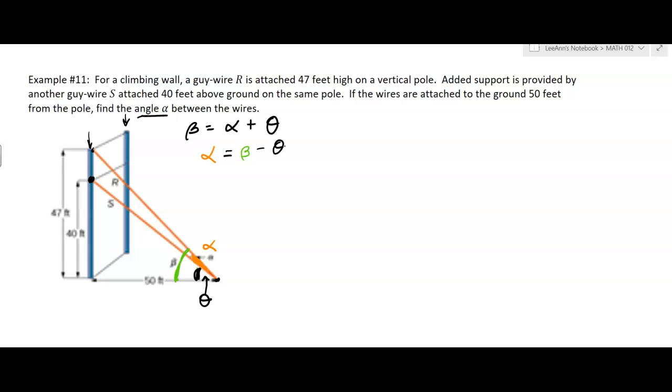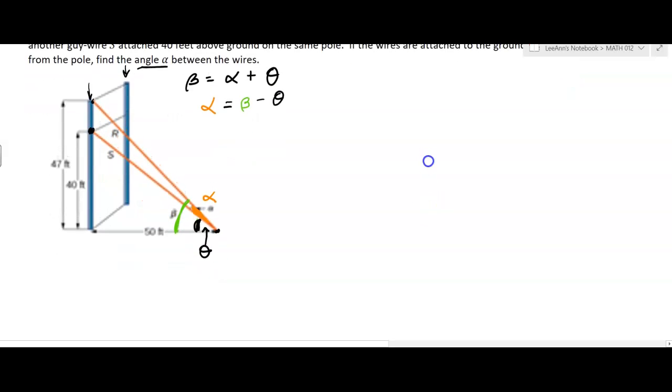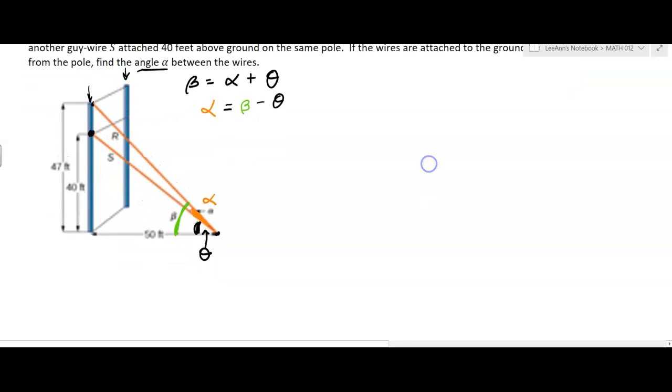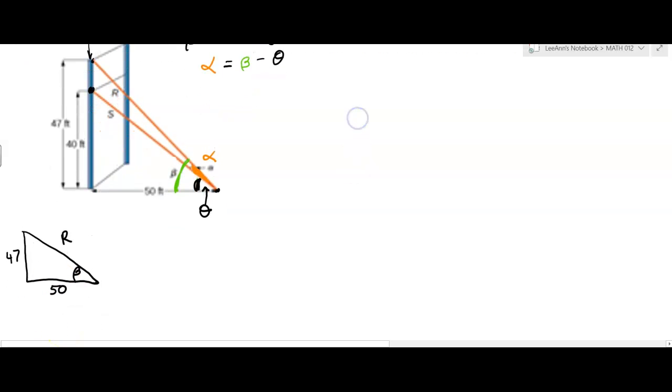Now, let's look at the triangles. Let's look at the big triangle. This is R, this is beta, this is 47, and this is 50. I can say the tangent of beta is equal to opposite over adjacent, so 47 over 50, and that doesn't simplify.